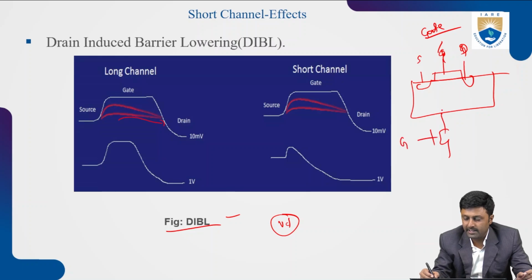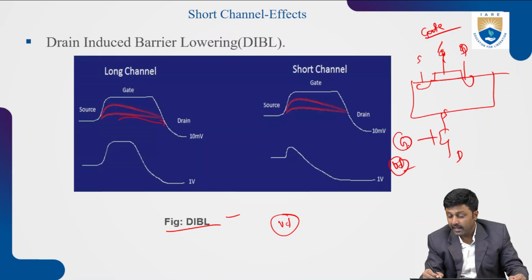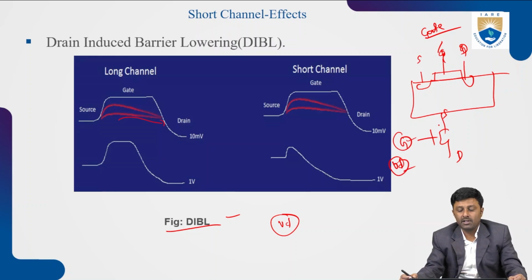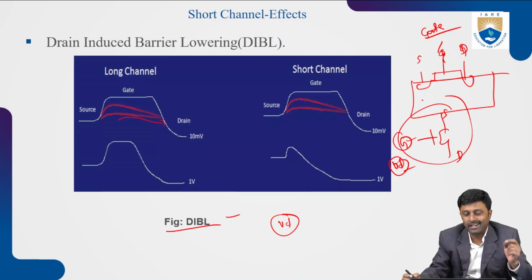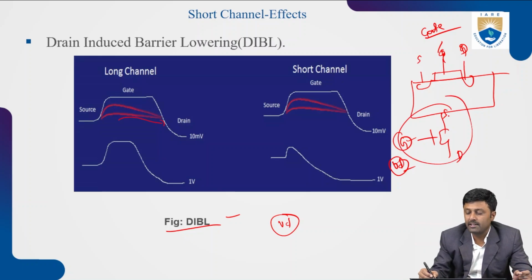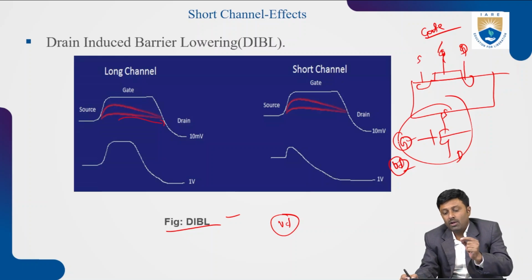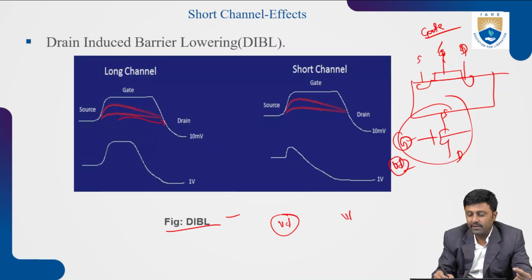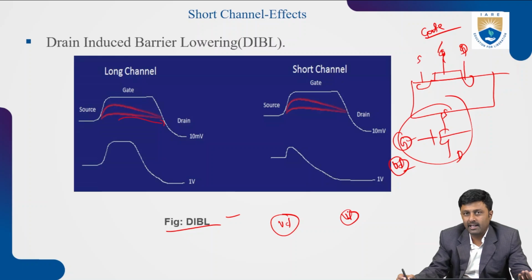If VD increases to some extent, the gate loses the control over the complete transistor. In the transistor, there are terminals: source, gate, and the drain, and the gate acts as the control. But if VD increases, the electron or hole mobility will decrease.